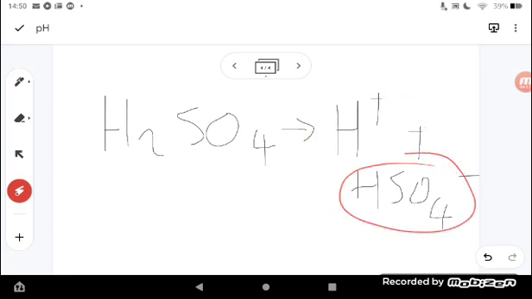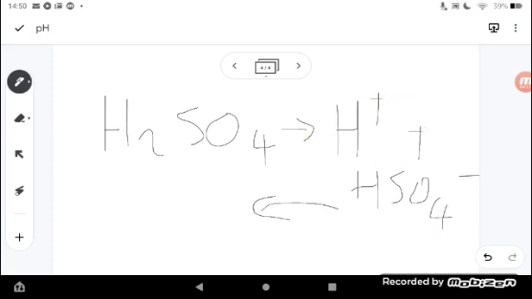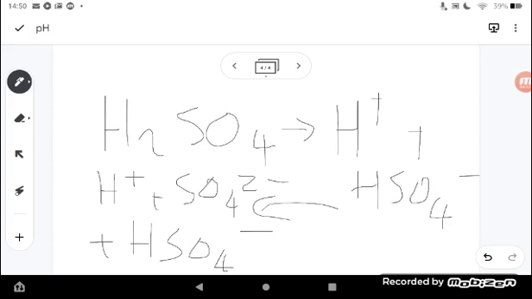However, this will then only partially dissociate. So once that separates, it will form H plus and SO4 2 minus, plus HSO4 1 minus. So it won't all separate. So sulfuric acid is an example of something that acts as a strong acid and a weak acid. However, that is almost A level in difficulty. So for GCSE, you don't actually have to worry about that. That's just more for interest.